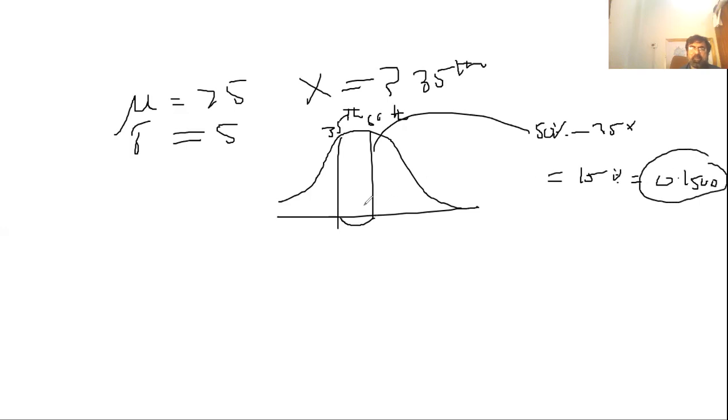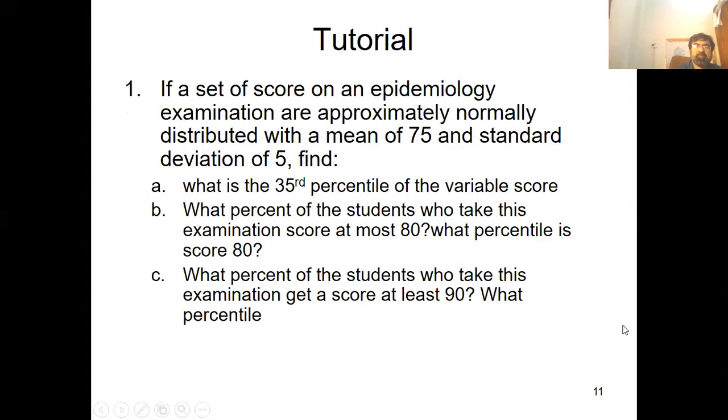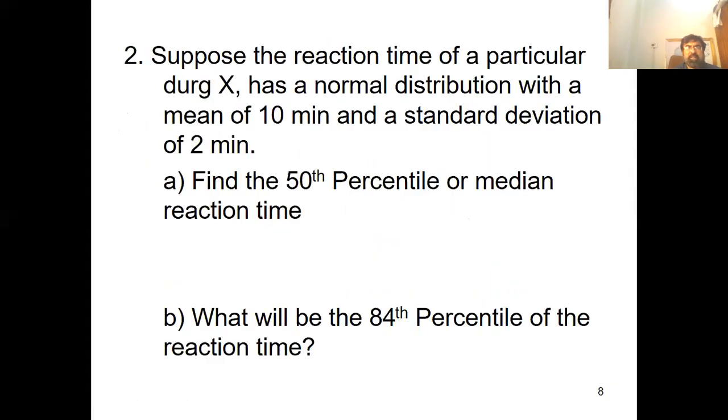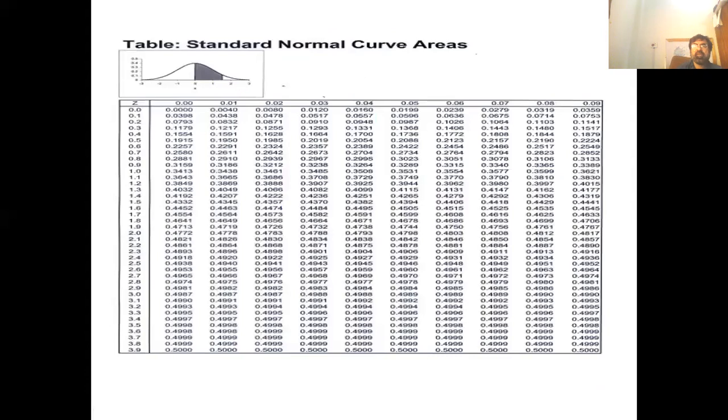In the Z table, this area is 0.1500. Now look in the table, the area of 0.15, what Z value it carries. So 0.15, 0.154, 0.157.